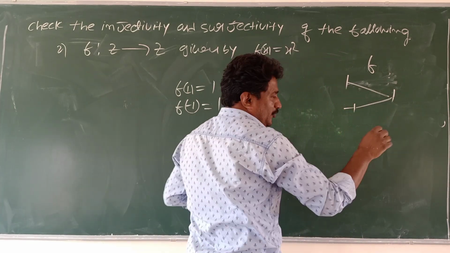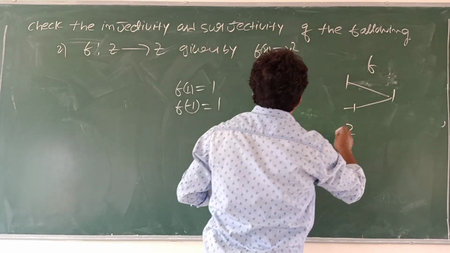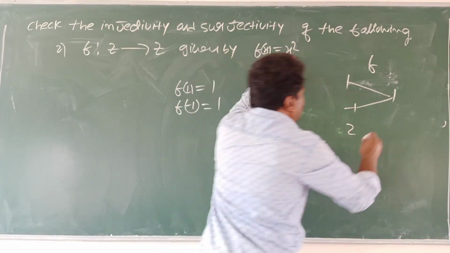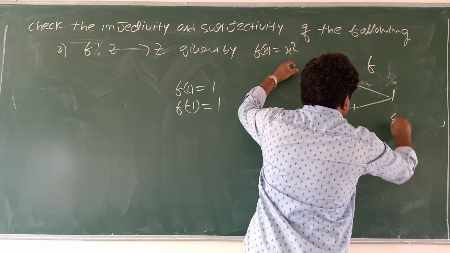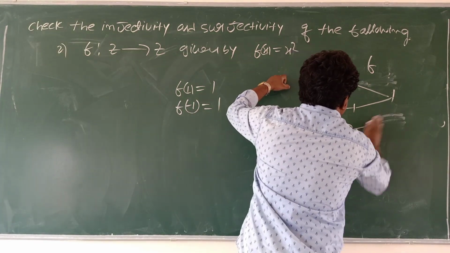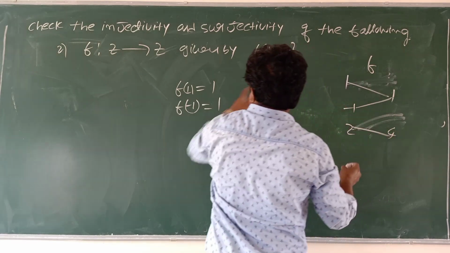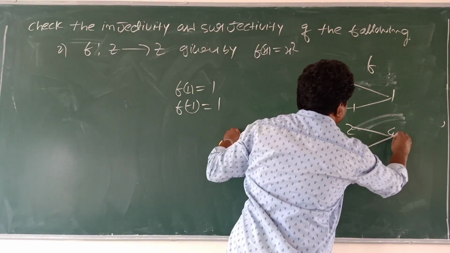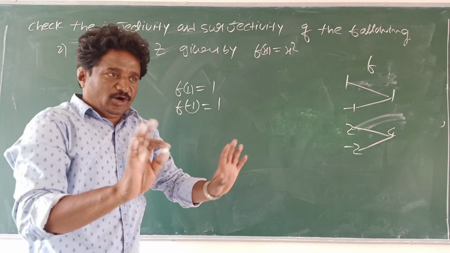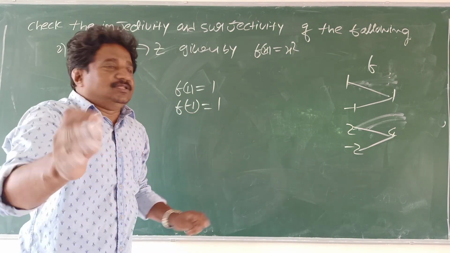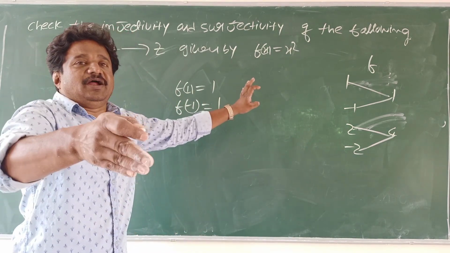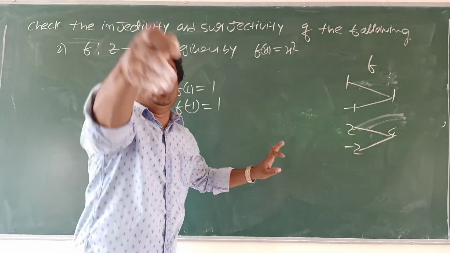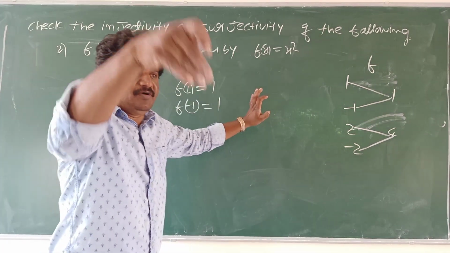Even you can go for choosing 2 and minus 2. f(2) is 2 square, 4. f of minus 2 is again 4. Is it 1-1? No, not 1-1. This is what I have written in your note.